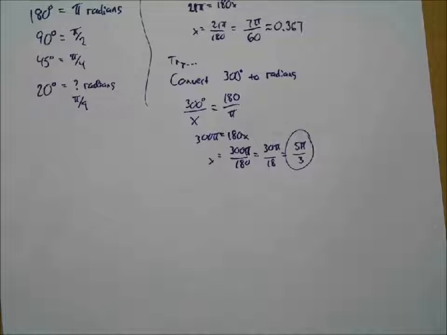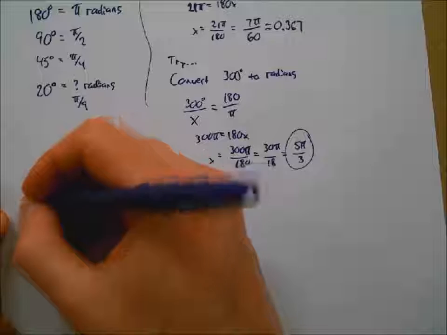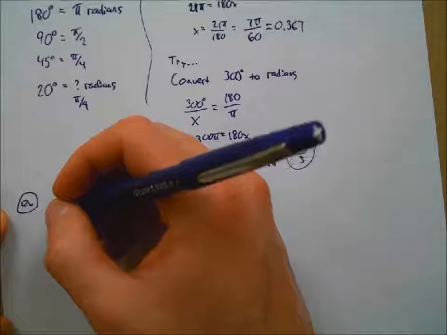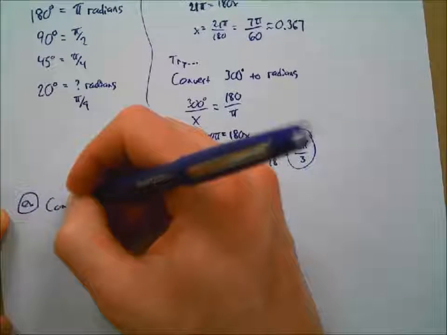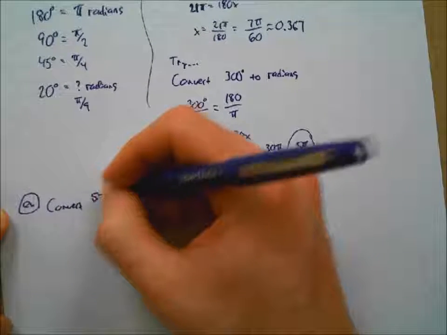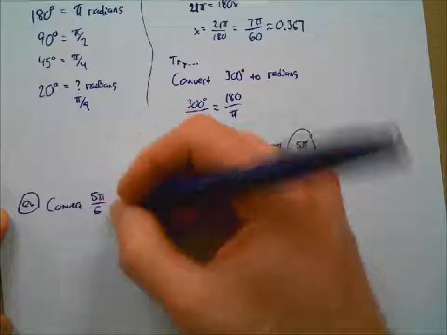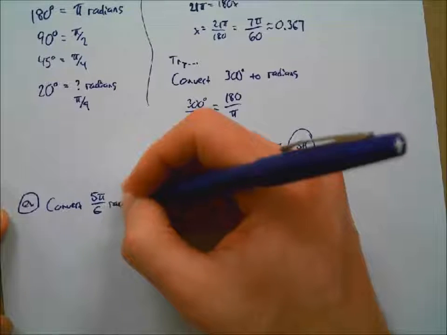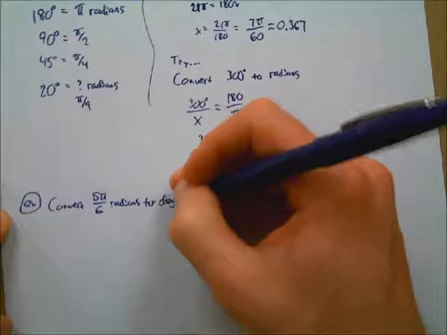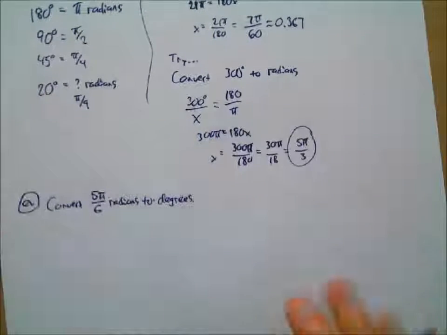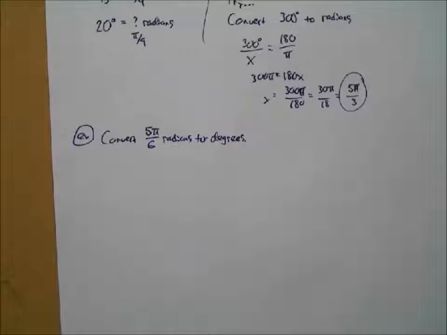We're good? All right, let me do one real quick here, also converting from radians back to degrees. So let's do 5 pi over 6 radians to degrees.